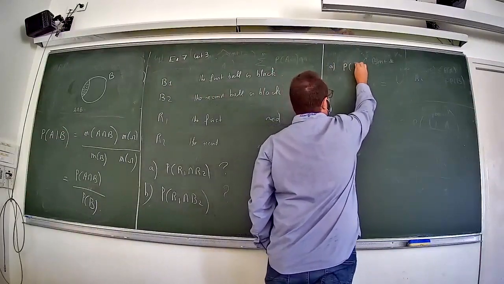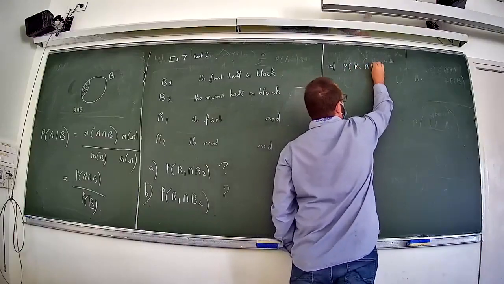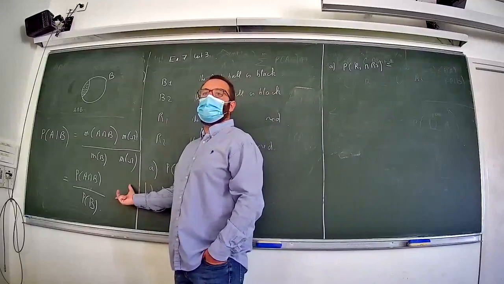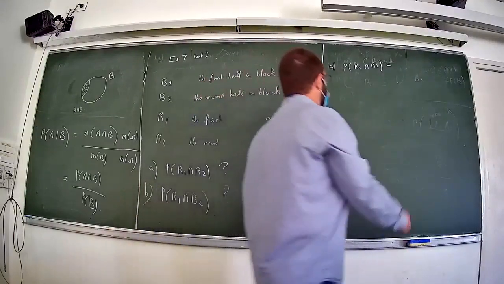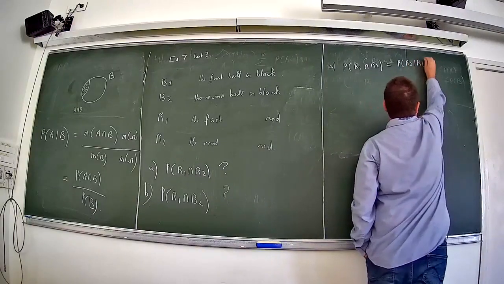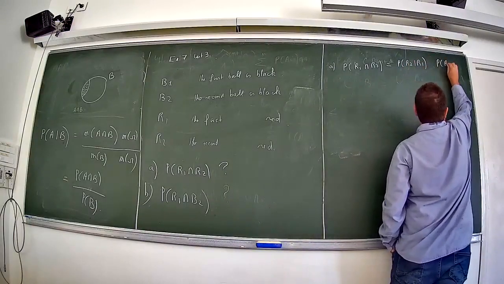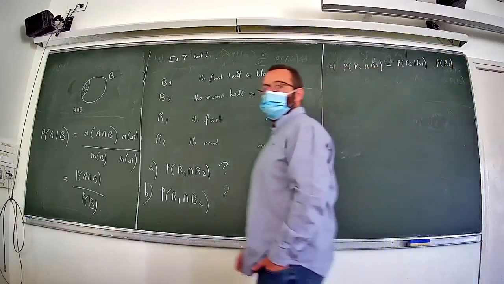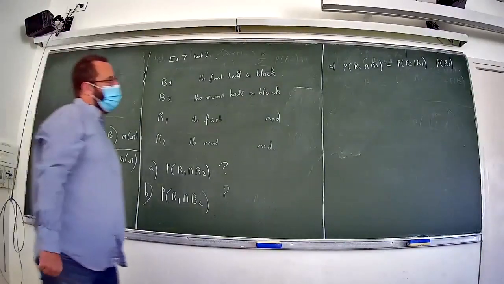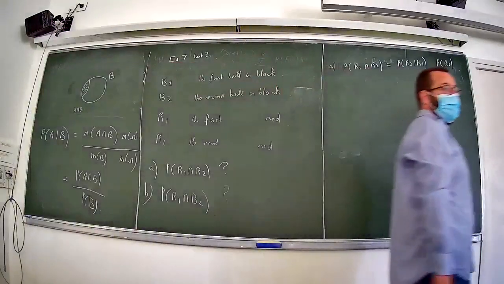P of R1 intersected with R2 may be written, from the definition of the conditional probability, as the probability of R2 given R1 times the probability of R1. I use this formula with A equal to R2 and B equal to R1. Okay? By definition of the conditional probability.